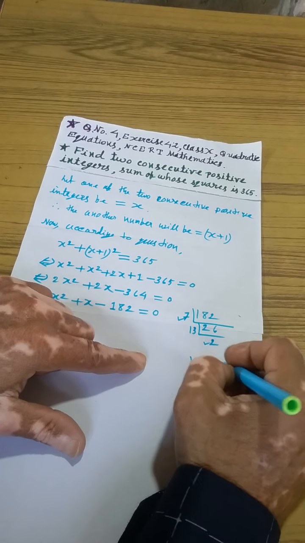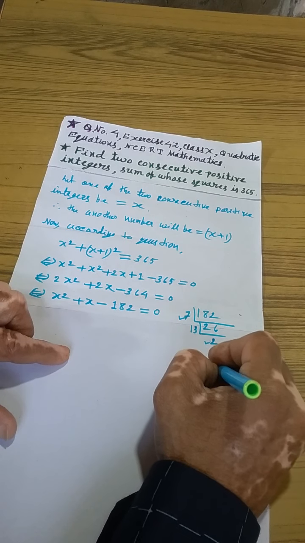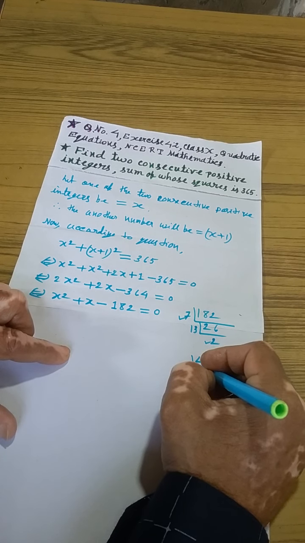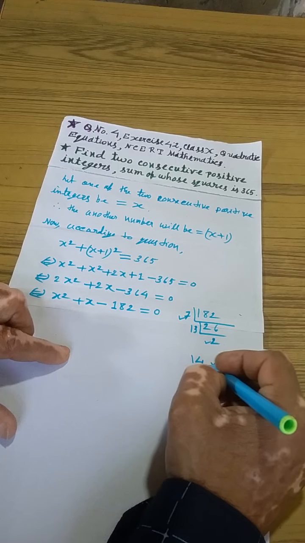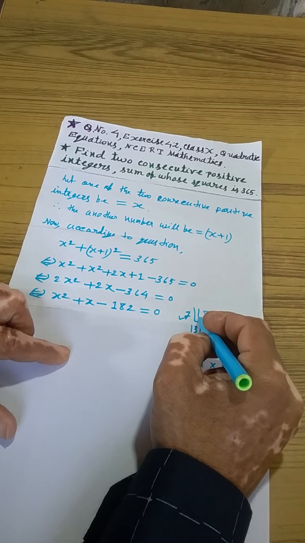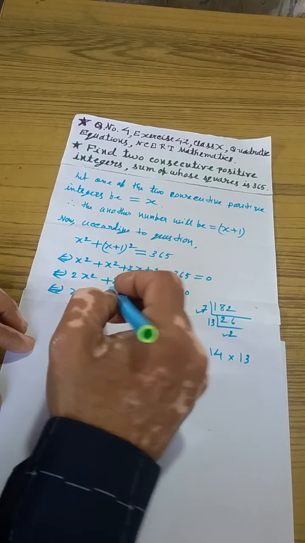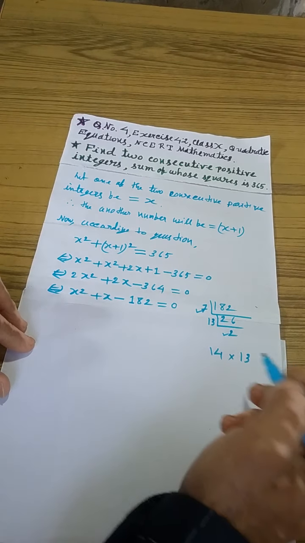The other factor is 13. Now if we multiply the number 13 with the number 14, we will get 182, which is nothing but the product of AC of this quadratic equation.